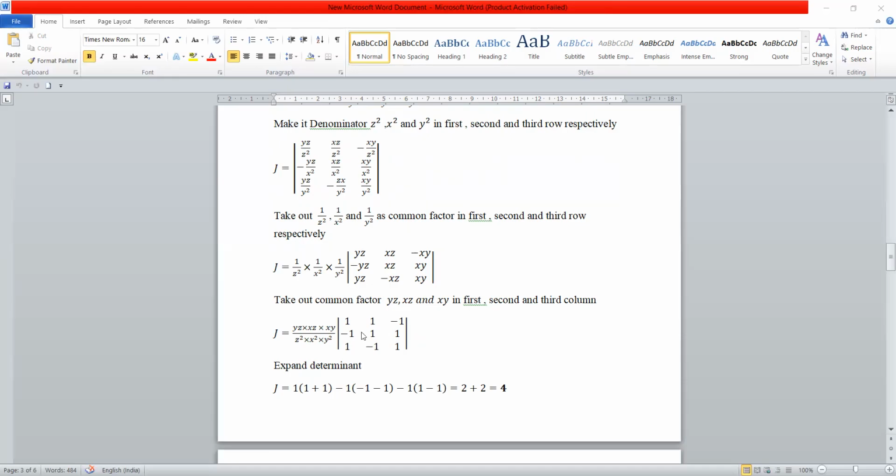So minus 1 into, leave this column and row, minus 1 into 1, 1, minus 1 into 1, 1, minus 1 into, leave this column and row, minus 1 into minus 1, 1, minus 1 into 1, 1, 1 minus 1, 0. 1 into 1 plus 1, 2, minus into minus plus 1 into 1 plus 1, 2, and this is 2. 2 plus 2, we get 4. So just we look at this in the program line.